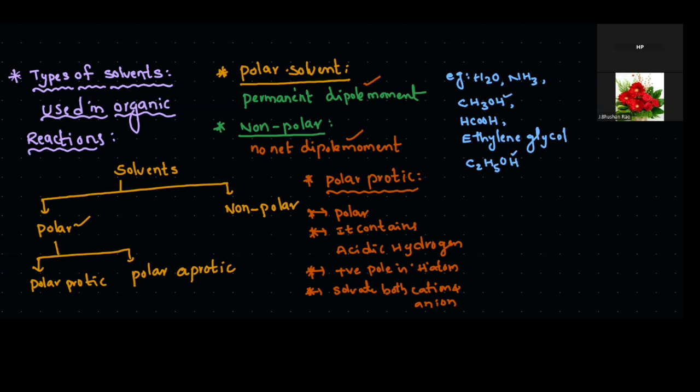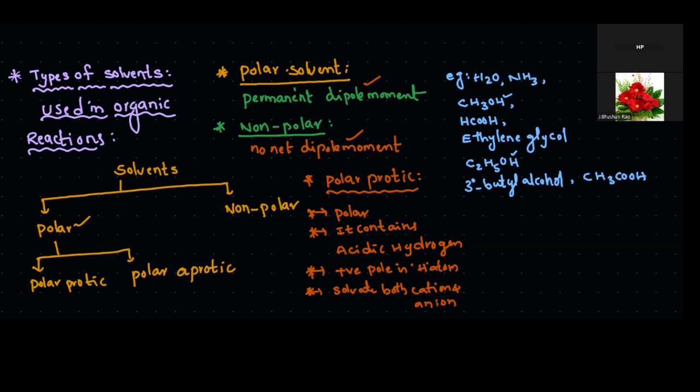Next, tertiary butyl alcohol, and acetic acid, CH3COOH. All these are examples of polar protic solvents.